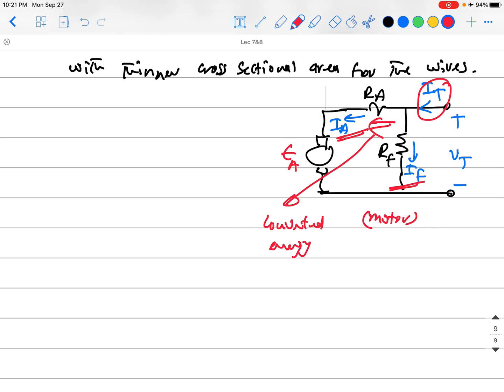So if you apply a certain amount of energy from the source supply, you need as much of this input energy as you can to go into the armature, and as little as you can to go inside the field circuit, but without sacrificing the amount of magnetic field we need to create. Okay, guys? So how do we do this?